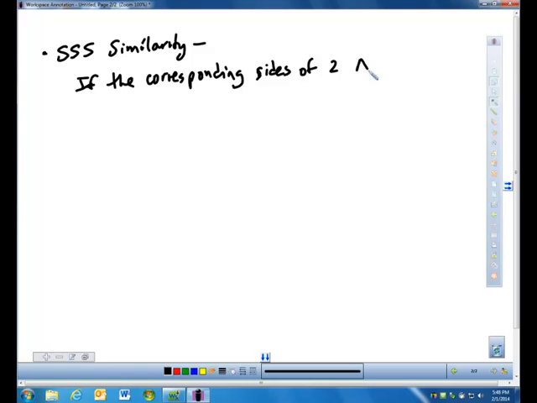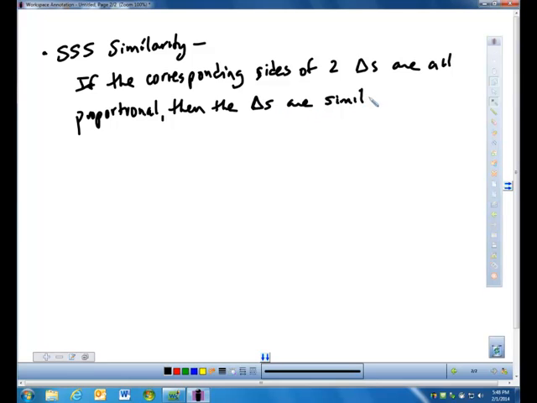And so what this theorem is really saying is kind of the opposite of the one that we learned the other day. If I only know information about the sides, and I don't know anything at all about the angles, I still know that the triangles are going to be similar if all of those sides have the same ratio.